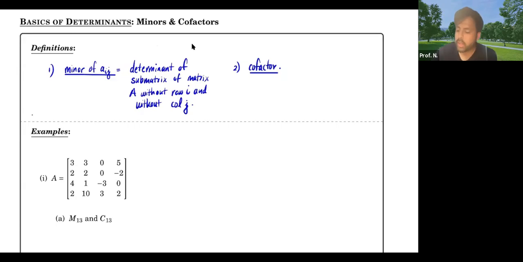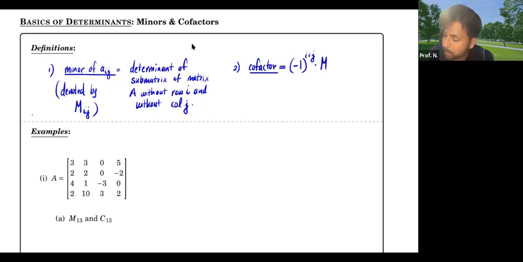So that may seem a little strange, and it's denoted by the symbol M_ij. And then we have the cofactor. The cofactor is negative 1 to the i plus j times the minor M_ij.